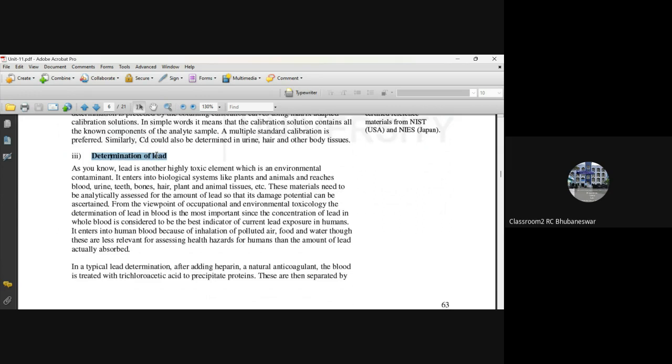So determination of lead, as I was telling you, that lead and cadmium both are highly toxic elements, which are environmental contaminants. When they enter the biological systems like plants and animals and reach the blood, urine, teeth, bones, and animal tissues, etc., it is very, very harmful.